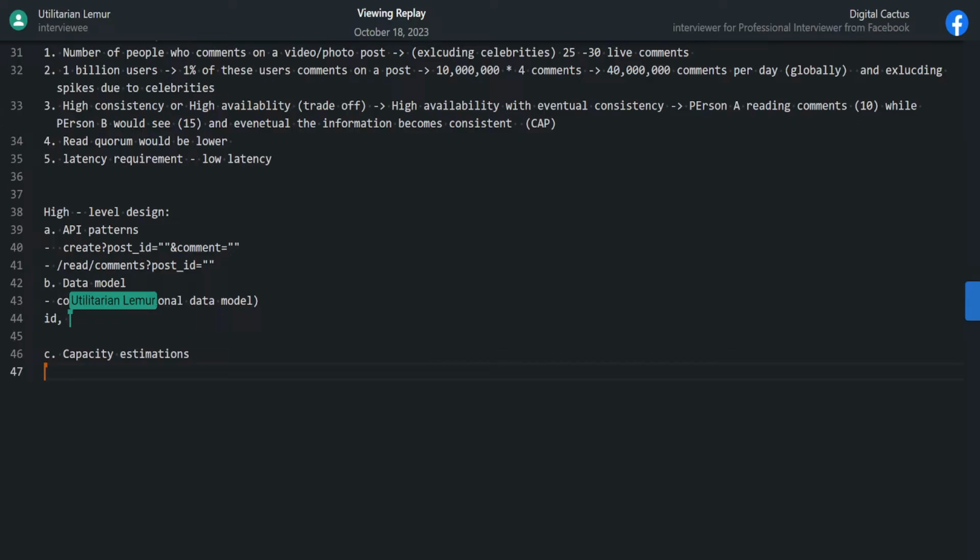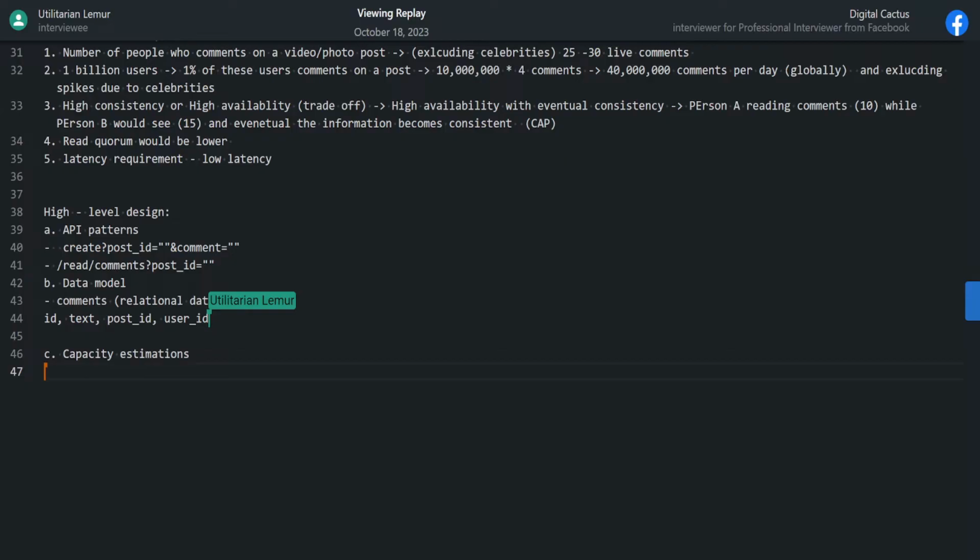You're going to have the ID column, you're going to have the text column, and then you're going to have post ID, so that you can see which comment section it was posted in, and user ID, which user posted this.